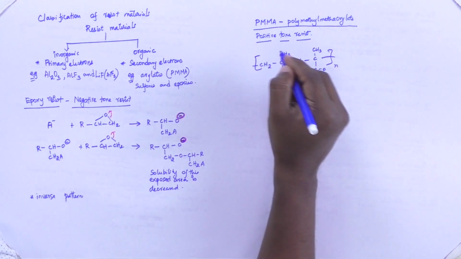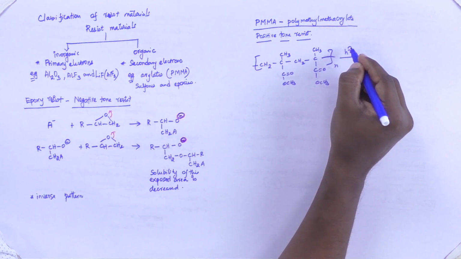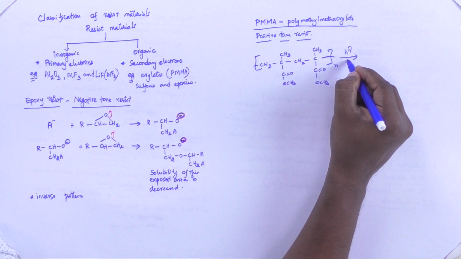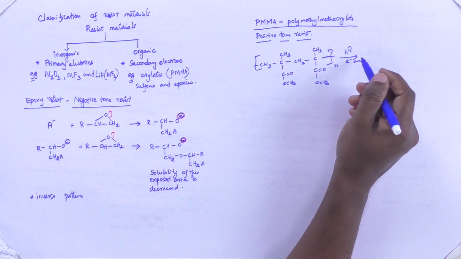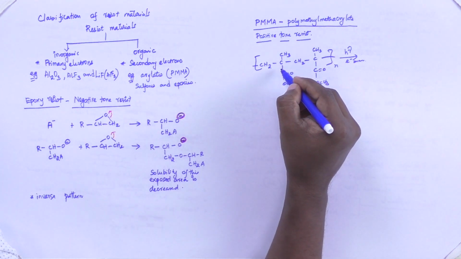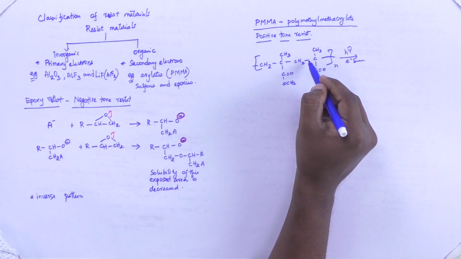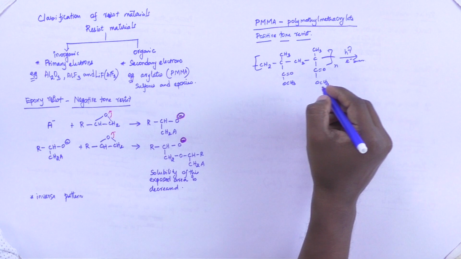And then when we pass that, this energy comes from the electron beam. So the electron beam, when you pass, makes secondary electrons, and as a result it will break this bond which is near to the carbonyl group, and it will generate radicals because this is homolytic cleavage.